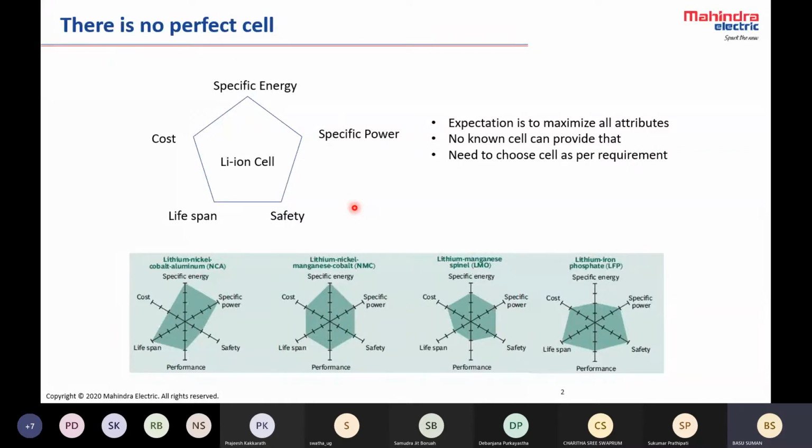High specific energy, high specific power, high safety, lifespan also is good, but those are very costly cells. So there is no cell that can take care of everything. So what we need to do is look at our application and figure out which are the must-haves and which are the good-to-haves, and based on that decide which cell to take.